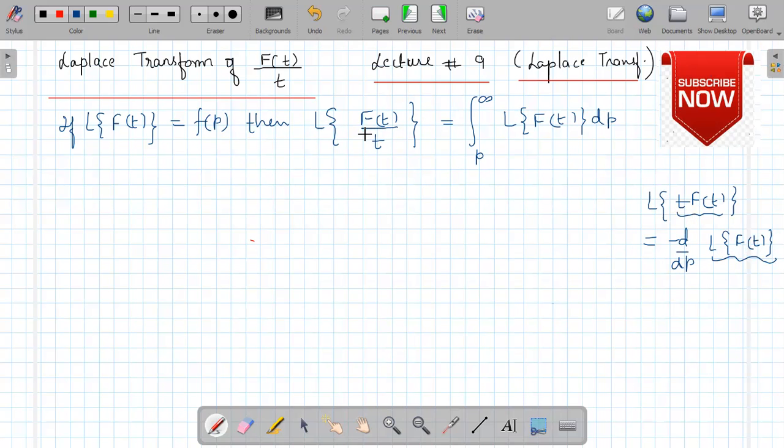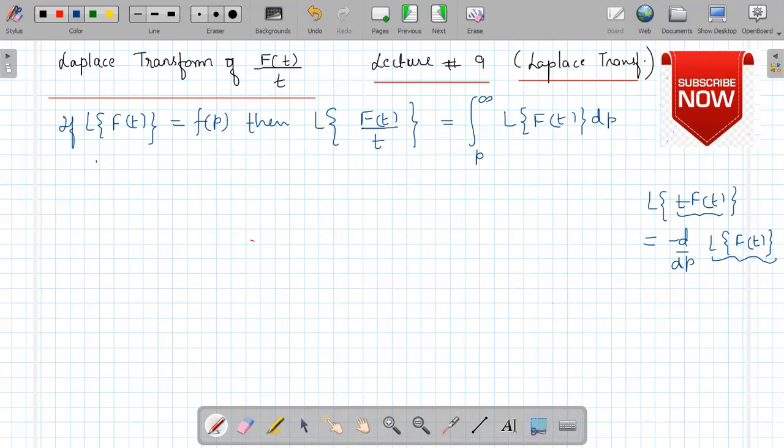And here, the effect of division by t is in the form of integration of Laplace transform of f(t) with respect to p. So remember, when you divide the function by t, you have to integrate Laplace transform of f(t) with respect to p. And the value of this Laplace transform will exist if the value of this integral exists.